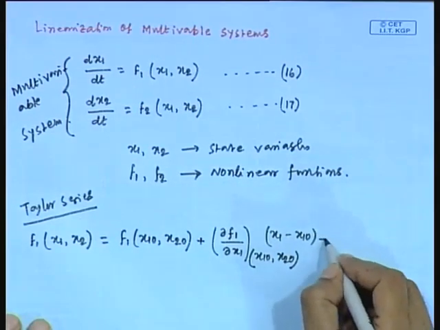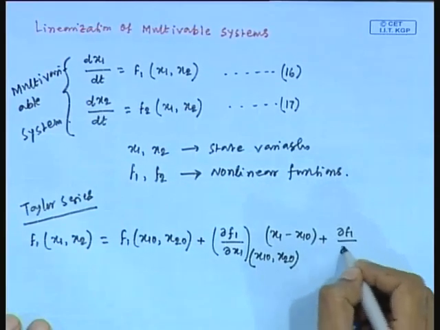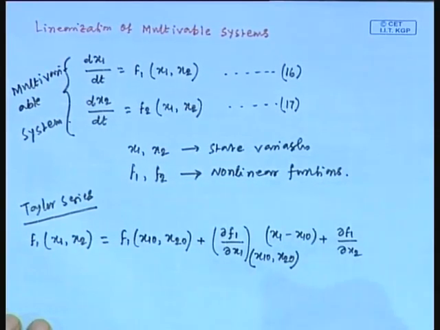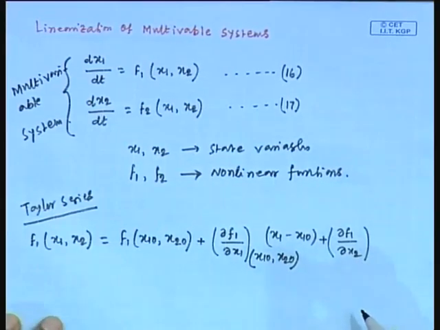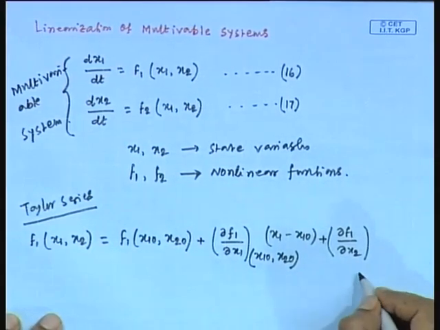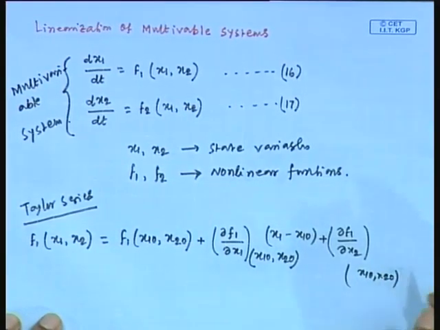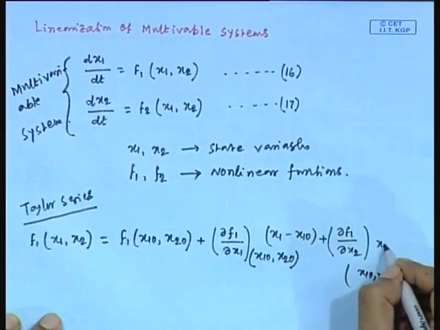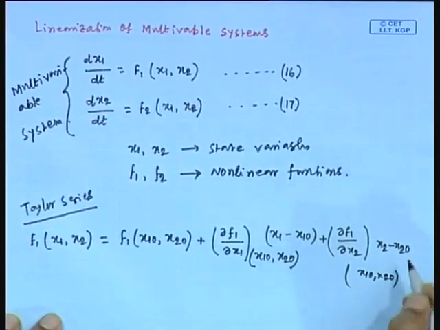In the next step we differentiate with respect to the second state variable, x2, at x1 naught, x2 naught, multiplied by x2 minus x2 naught.